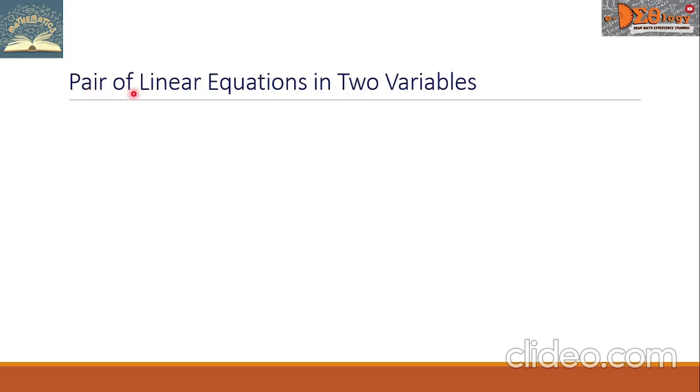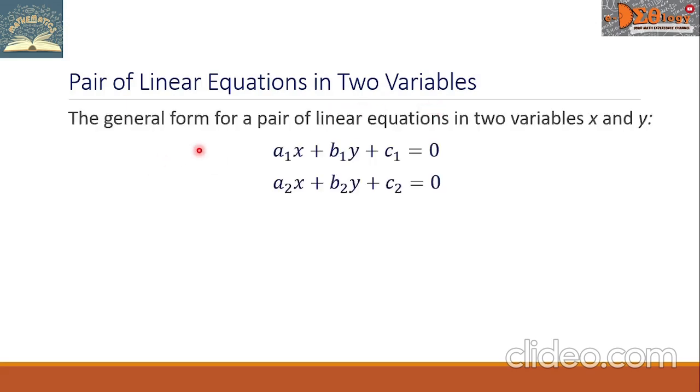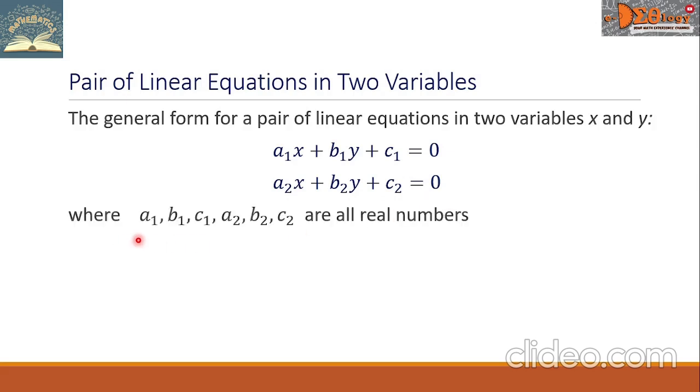Let's go now to the pair of linear equations in two variables. The general form for a pair of linear equations in two variables x and y, we have a sub 1 x plus b sub 1 y plus c sub 1 equals 0, and a sub 2 x plus b sub 2 y plus c sub 2 equals 0, where a sub 1, b sub 1, c sub 1, a sub 2, b sub 2, c sub 2 are all real numbers.